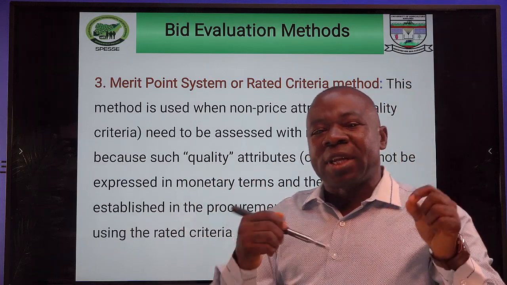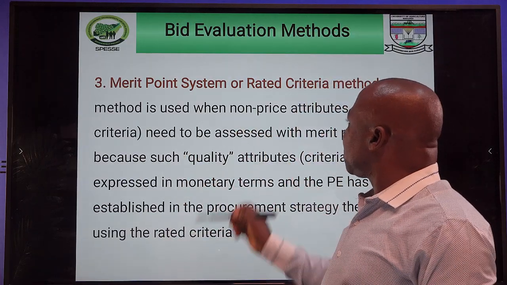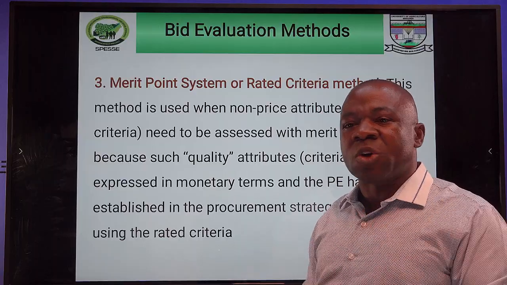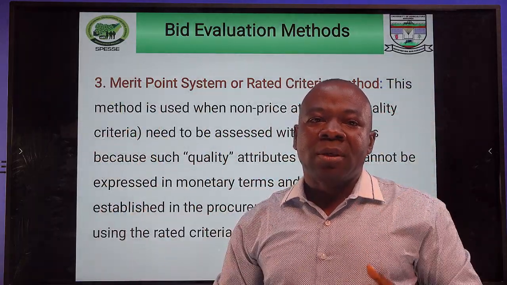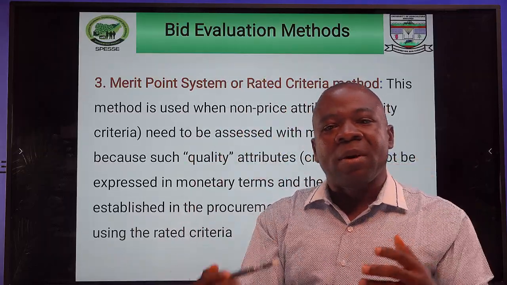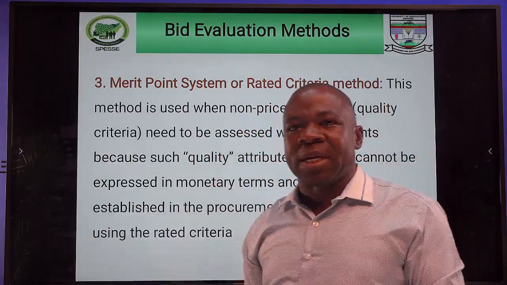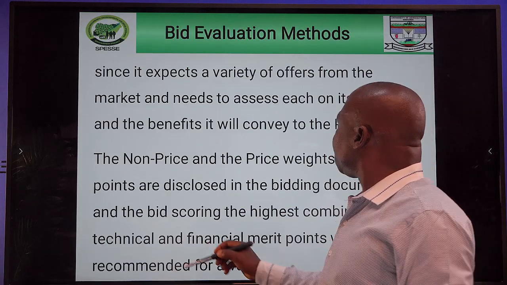Once you bring quality attributes into specifications, using this merit point system will give you the best, because you have to rate each presentation that the contractor is bringing up, that I will render this service given this and that and that. By the time you rate them, you come up with the best that will give you value for money.